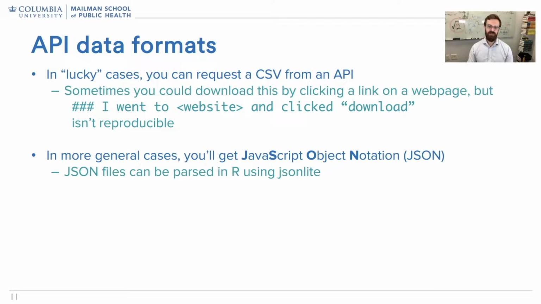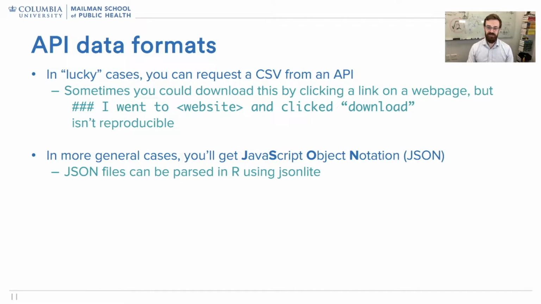The reason that you might nonetheless want to use an API first is for reproducibility, so that you can say, not "I went to this website on this date and clicked this thing," but "here is the exact parameter that I used, here's the exact query that I made, and here's what was returned." It's also helpful when data sets get updated from time to time, so that you don't always have to go to a website, click download, and then copy that into some folder.